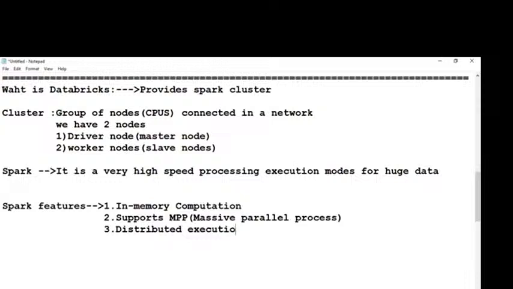The data is going to be divided into multiple partitions, stored across multiple systems and processed parallelly.